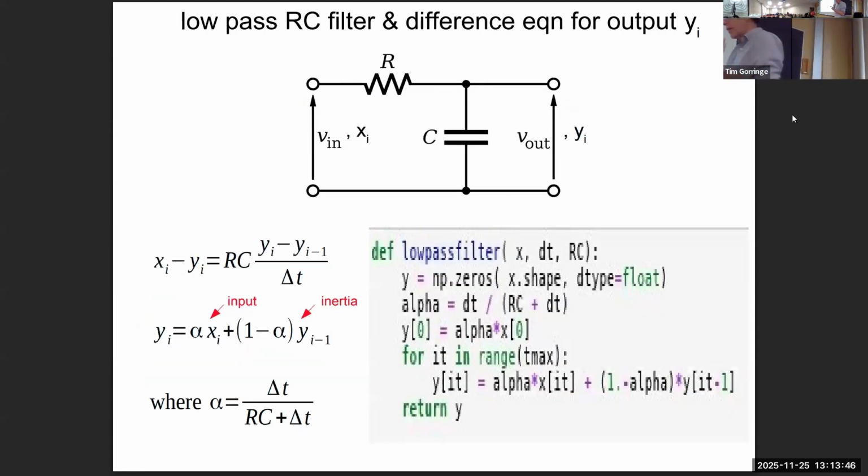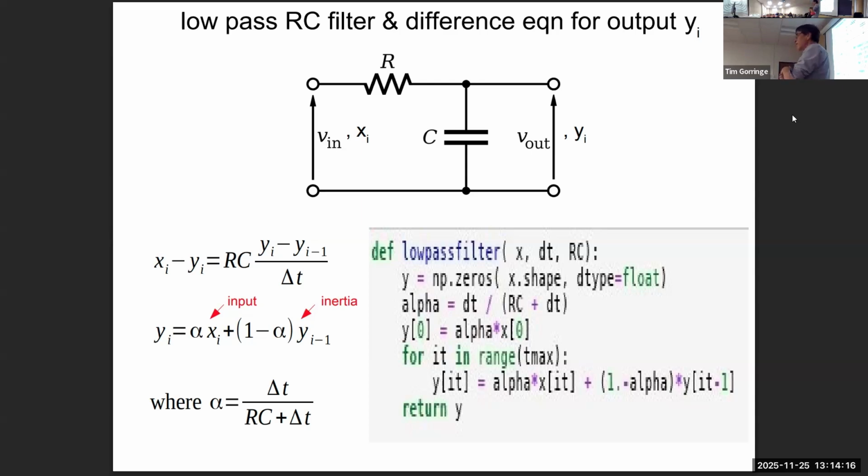One thing I'll say about these two recursion relations for the RC filters, the high pass and the low pass, is that they only involve the current sample and the prior sample of the input and the output. There's only a couple, 2 or 3 terms. So this makes these filters rather fast to implement.